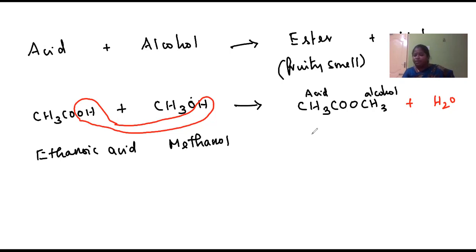But while naming it, how will you name it? Methyl ethanoate, right? That means the alcohol group comes first and the acid comes next. So I'll write here: alcohol first, acid next.